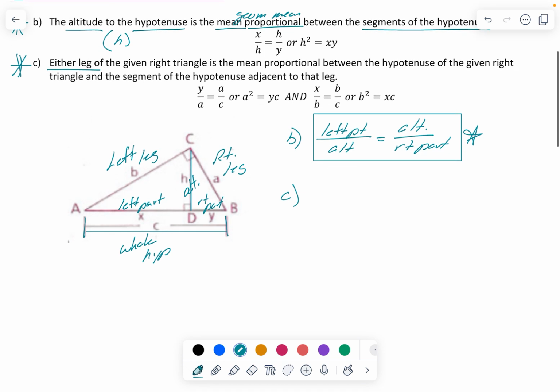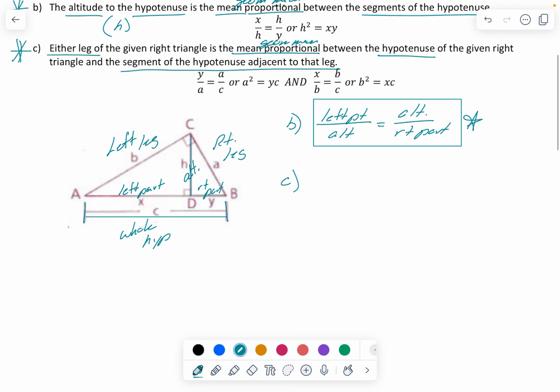So it says either leg of the given triangle is the mean proportional, or in other words, geometric mean, between the hypotenuse of the given right triangle and the segment of the hypotenuse adjacent to that leg. So let's decipher here.